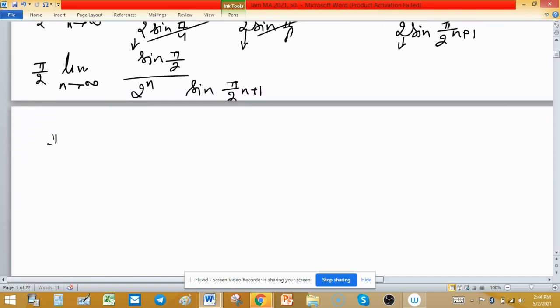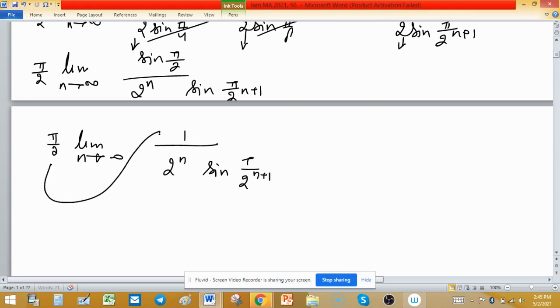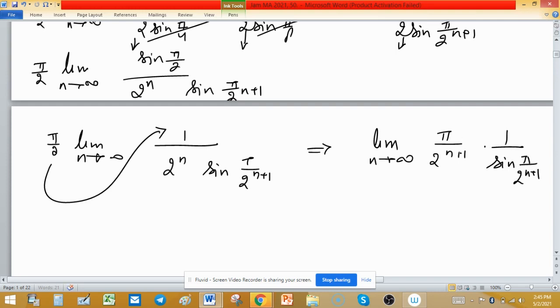So this is pi upon 2 limit n tends to infinity 1 upon 2 raised to the power n sine pi upon 2 raised to the power n plus 1. Now you can take this here. So this will be limit n tends to infinity pi upon 2 raised to the power n plus 1 into 1 upon sine pi upon 2 raised to the power n plus 1.